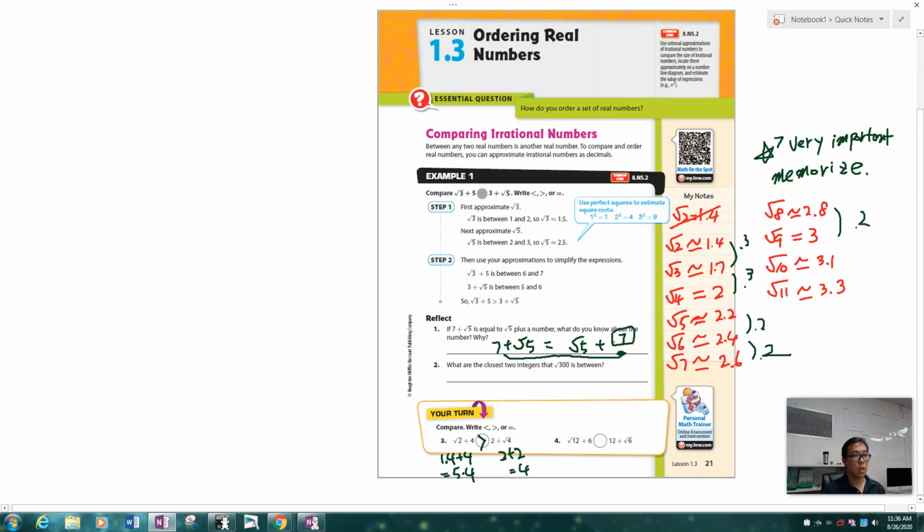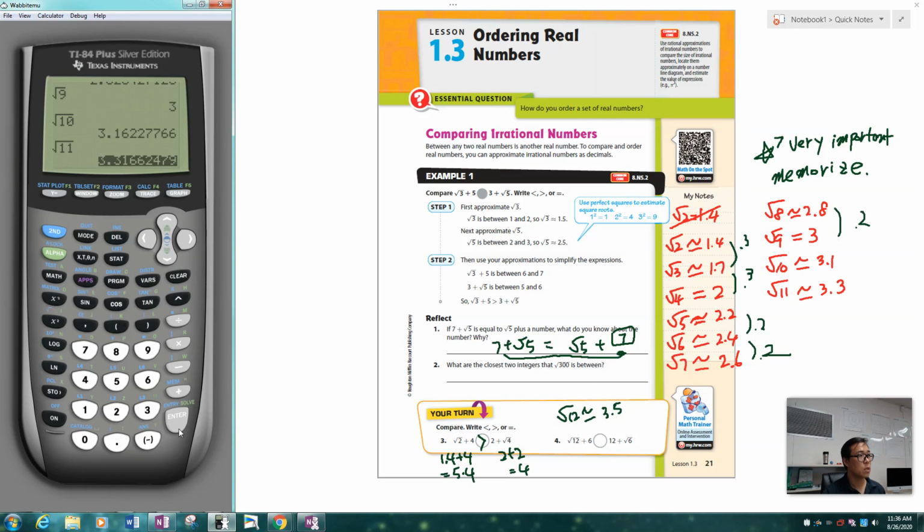Oh, we didn't have square root of 12, but we kind of see the pattern. So square root of 12 is approximately equal to 3.5-ish. Let's double check. Square root of 12 is 3.5 or 3.6.